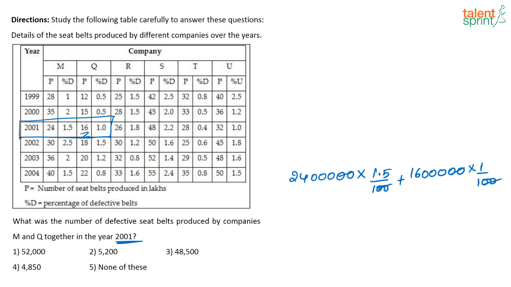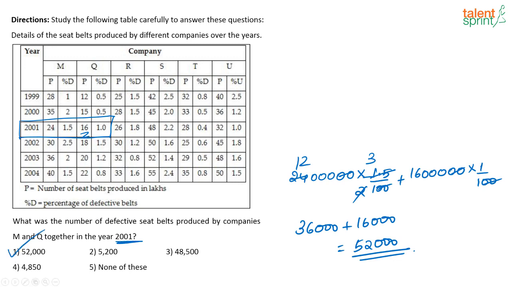So what will be the answer? 1.5 percent of 24 lakhs is 36,000 plus 16,000, which is 52,000. So 52,000 parts are defective. Or you can just do it with 24 and 16 and finally add in the zeros, that is also fine.